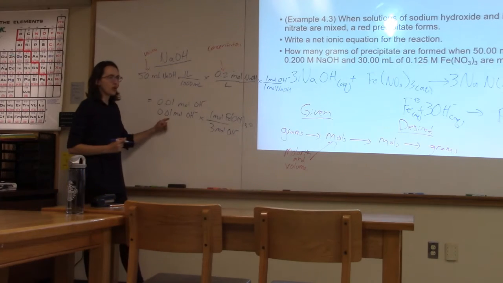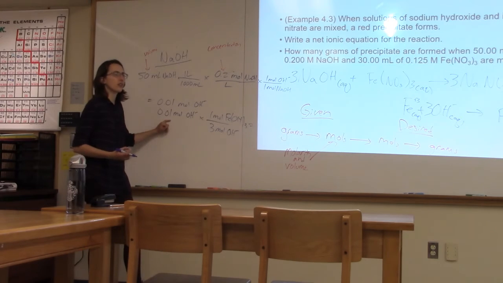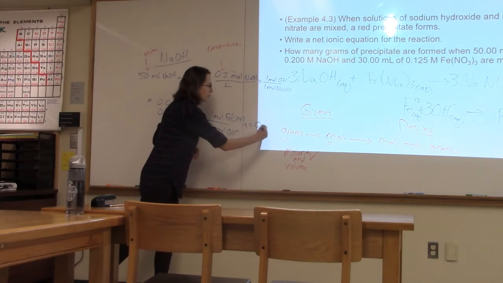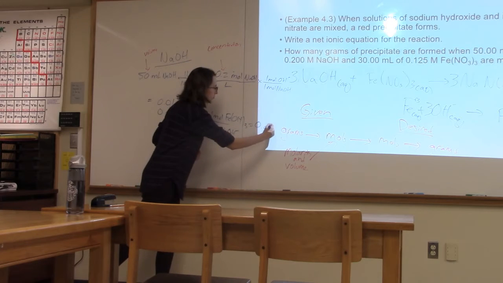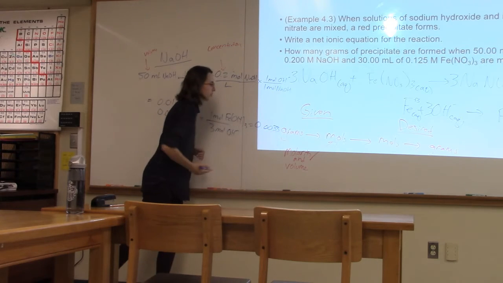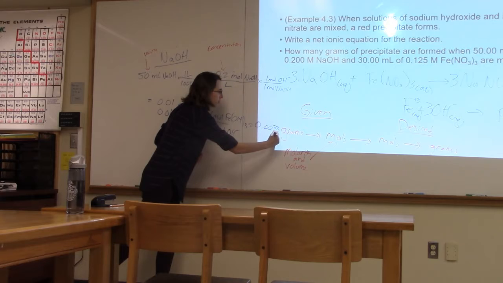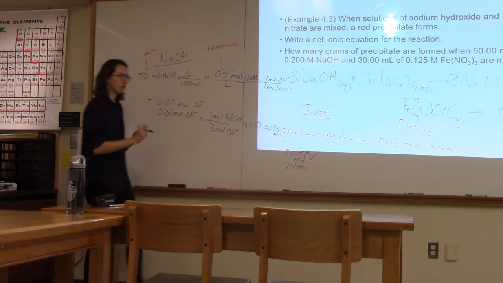So if OH minus is the limiting ion, I'm going to make 0.0033 something moles.